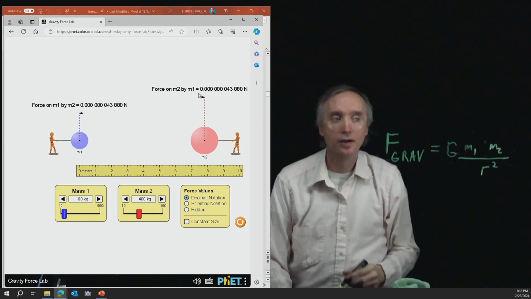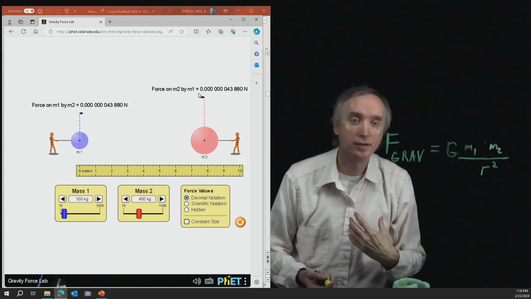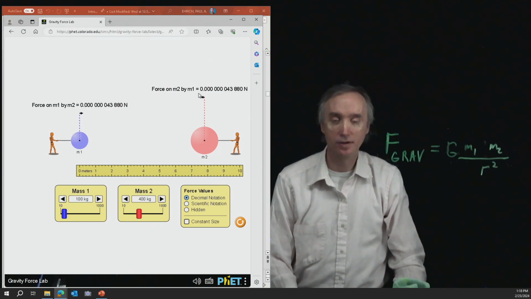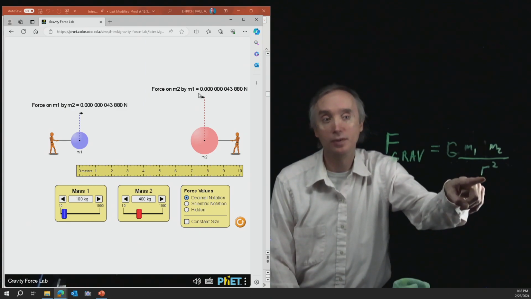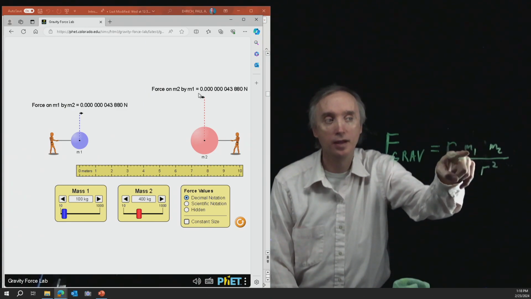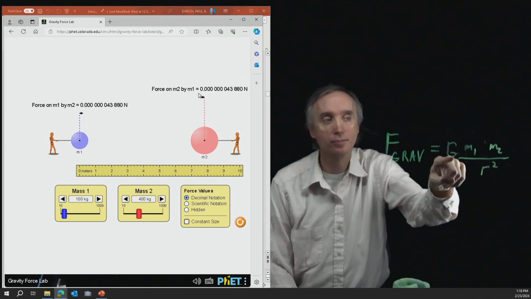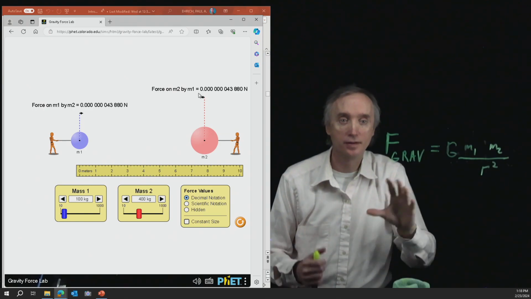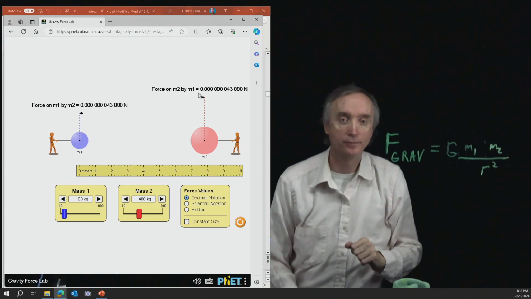As far as you're concerned in my class, don't worry about the big G. It's not necessary to solve the kinds of questions I'm going to ask you on the exam. But if you knew the distance r in meters, and if you knew m1 and m2 in kilograms, then you would plug big G in there, and the unit that would come out would be newtons. So this makes it a metric formula when you include big G.